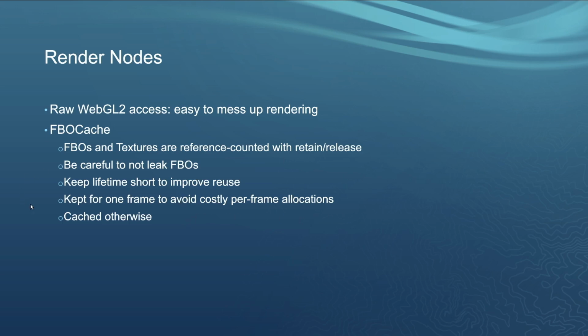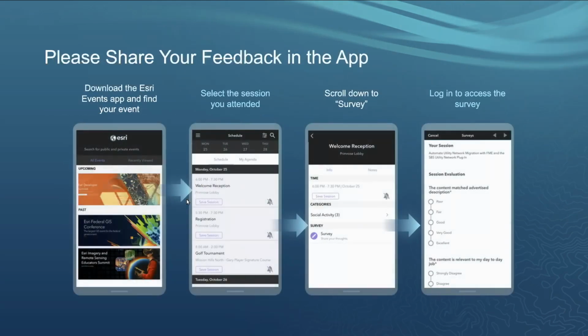Internally, all the frame buffers we keep for 1 frame. Otherwise, we have to reallocate them every frame, and then you wouldn't get 60 Hertz rendering. But otherwise, we put them in a cache, and as soon as we see that we are out of memory, we start deleting them to not crash the browser tab. And that's all.